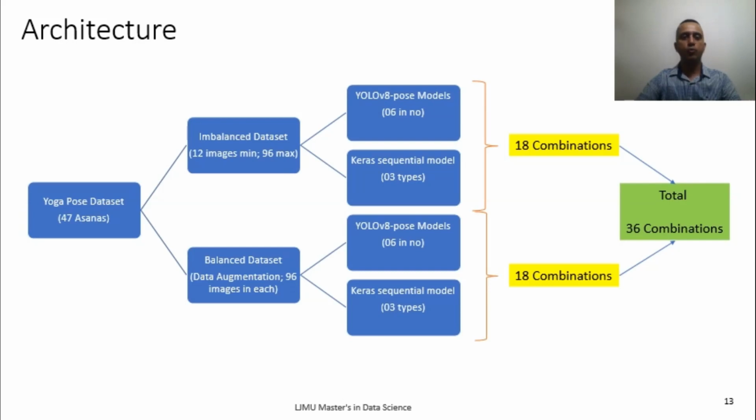The 6 YOLO V8 pose models were used by transfer learning on both these datasets, resulting in 6 CSV files, each for imbalanced and balanced datasets. 3 Keras sequential models were devised and each of these were applied to the data in CSV files of both imbalanced and balanced datasets. This resulted in 18 combinations for imbalanced and balanced datasets each, resulting in a total of 36 combinations that were assessed for their performance.